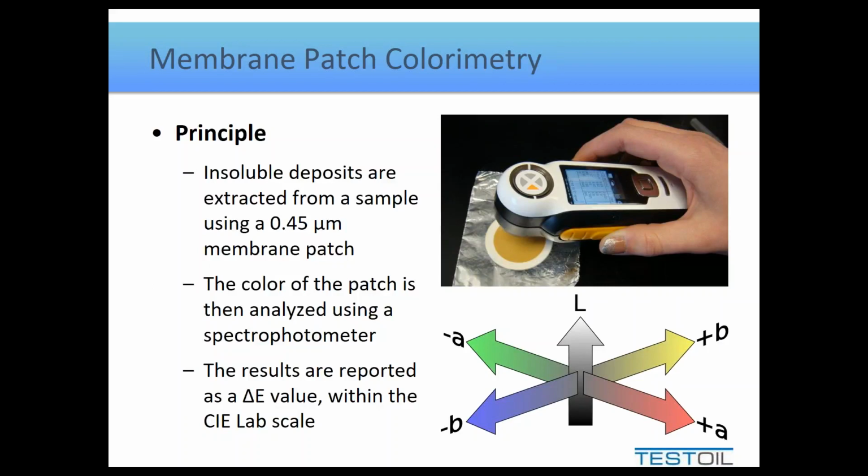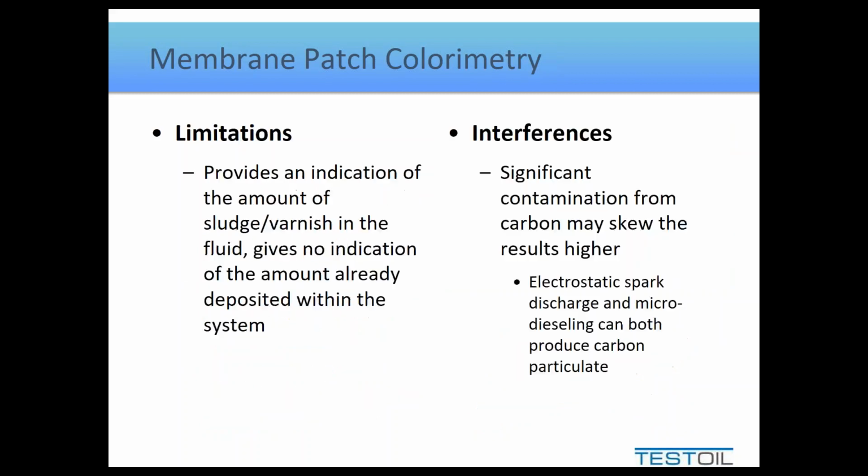The A scale is a green to red spectrum, and the B scale is a blue to yellow spectrum. What we concentrate primarily on is that L factor. How dark is the patch? Not necessarily what color, but how dark is the color that's on that patch. The darker the color, the more of the insolubles have been trapped on the patch.